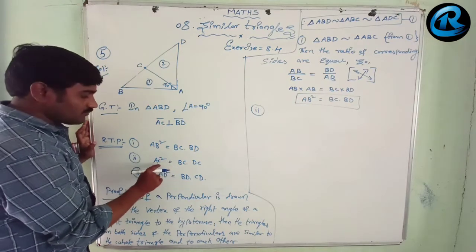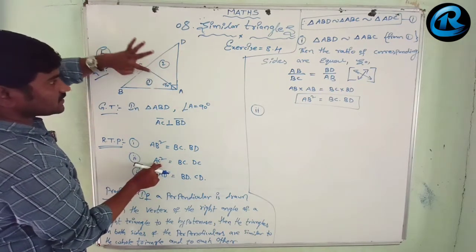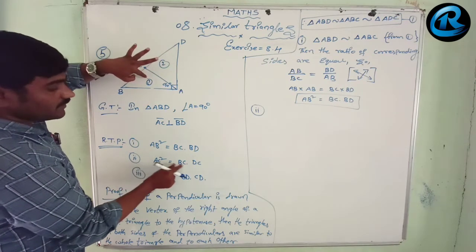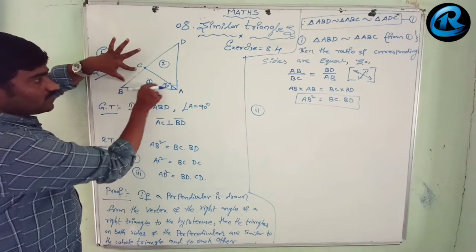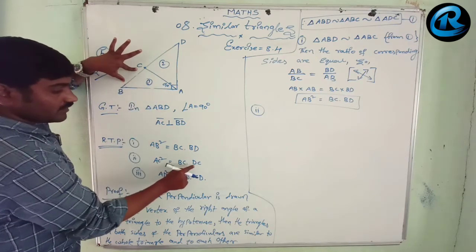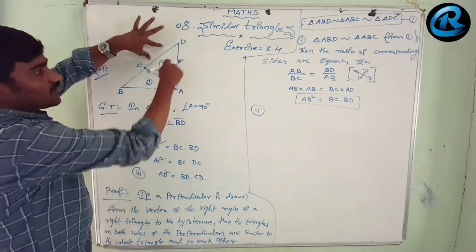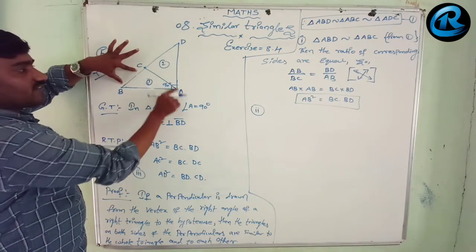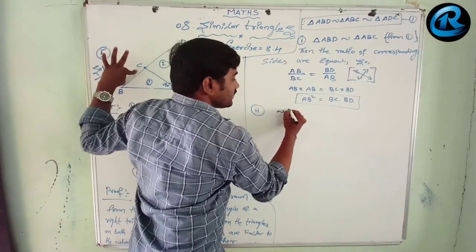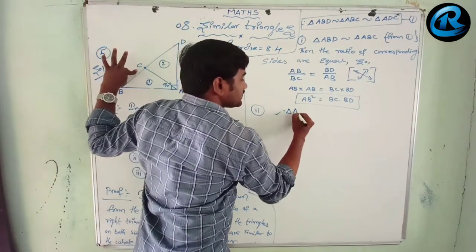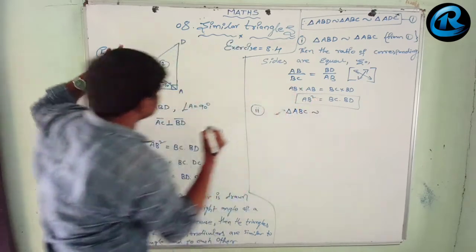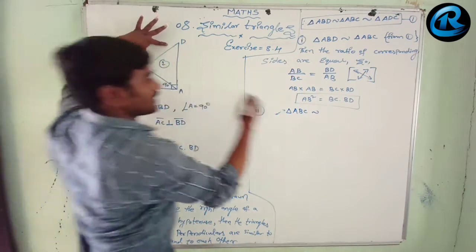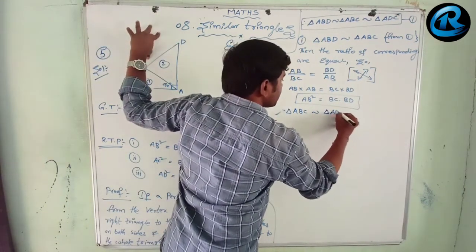Now you see AC, this side, is the common side for both triangles. BC is in this triangle, so definitely we have to take this triangle, and DC is in this triangle. So AC, BC and DC. Here BC is a side of the ABC triangle, so triangle ABC is similar to triangle ADC.